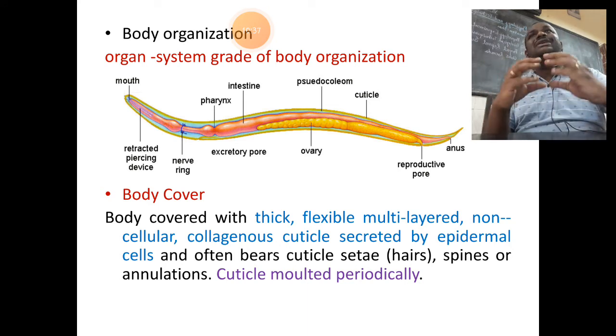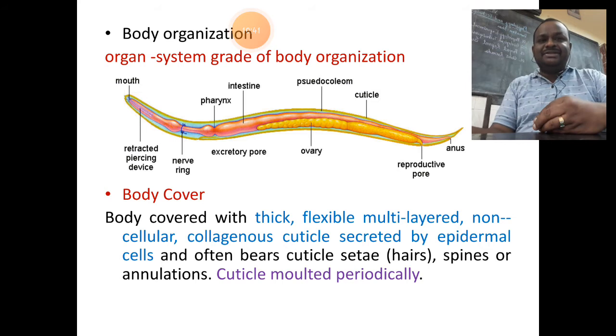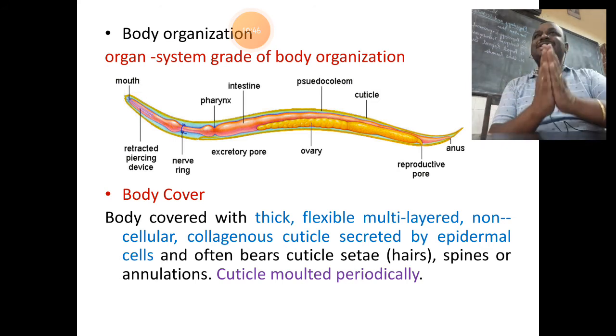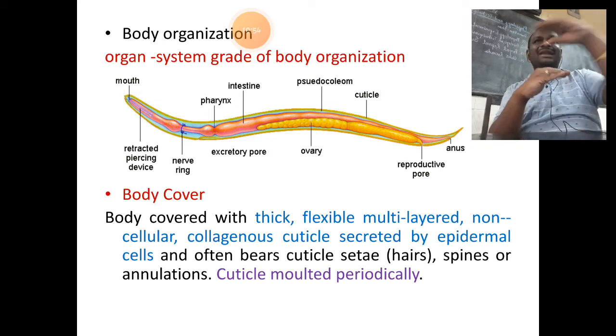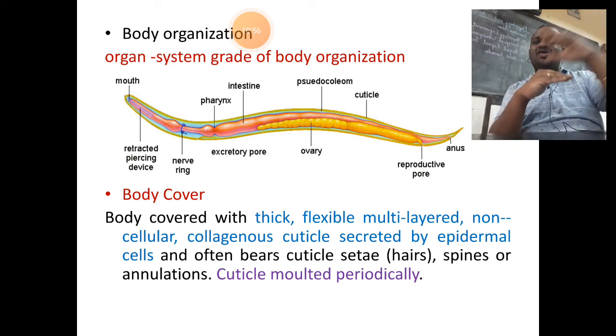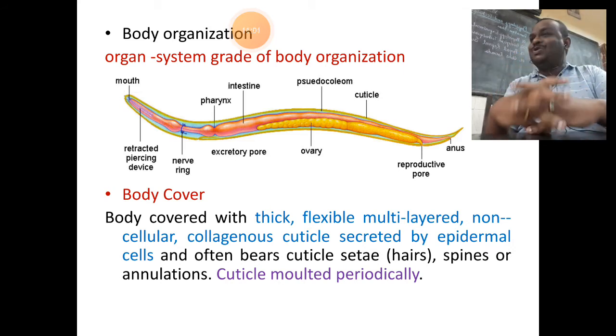This cuticle concept we have learned in the previous session itself under the platyhelminthes. Students, remember, cuticle is an additional layer secreted by the epidermis below. So this particular epidermis will secrete above a layer of the non-cellular or dead matter of cells, which we call it as the cuticle.